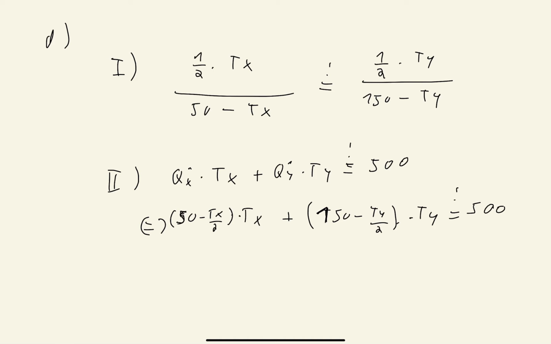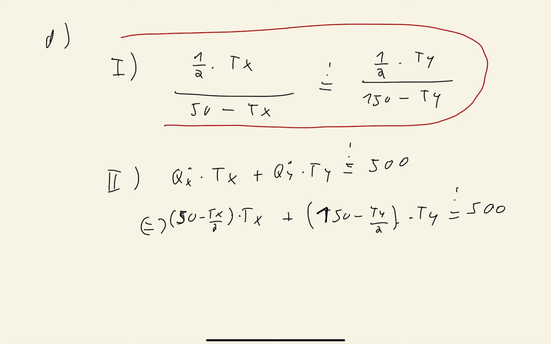The first one is the one which we saw in the previous sub exercise. It determines the optimal ratio of the taxes in this economy. Given a particular value for one of the taxes, what should be the value of the other tax? So this is giving us the optimal ratio.